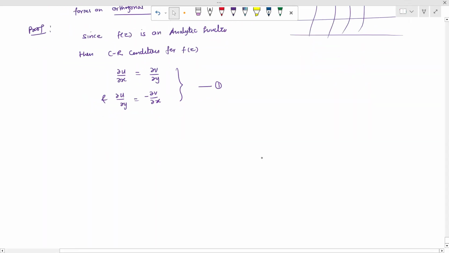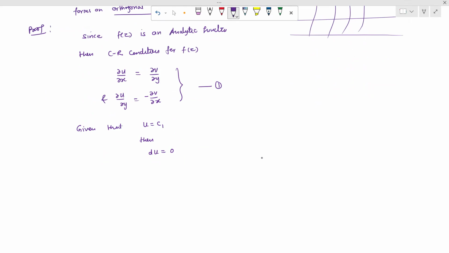Now we move to the curves. Given that u = c1 be the curve, then the total derivative, इसका total derivative क्या होगा, du = 0.